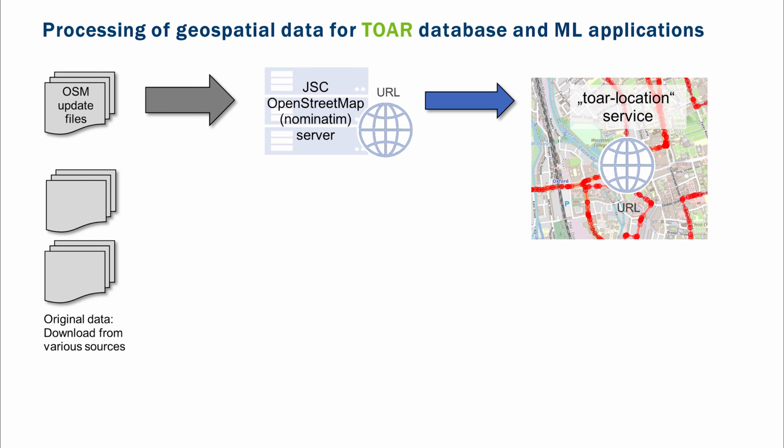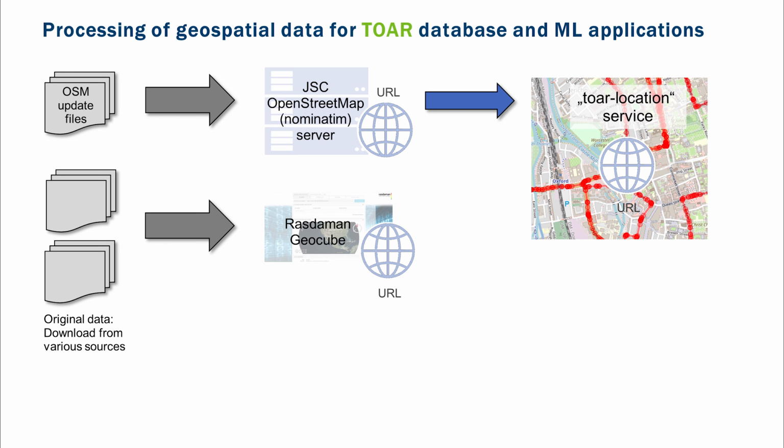The second branch consists of all kinds of data sources, which are now retrieved by Amir Pasha. Those are mostly data files. Sometimes the data comes in individual tiles. They are all being integrated into consistent data sets on the so-called Rasdaman GeoCube, which again comes with its own application interface, either as a REST API or also a graphical web interface.